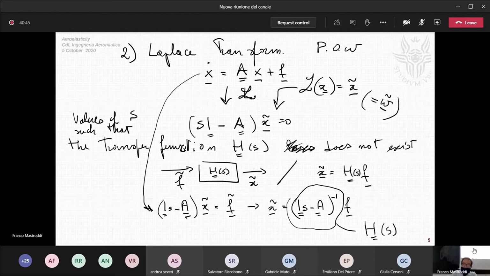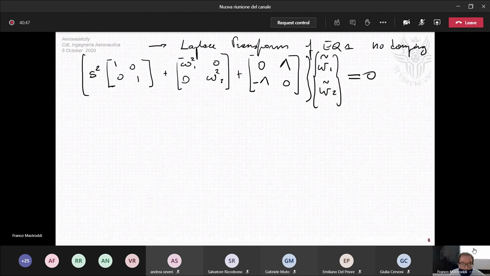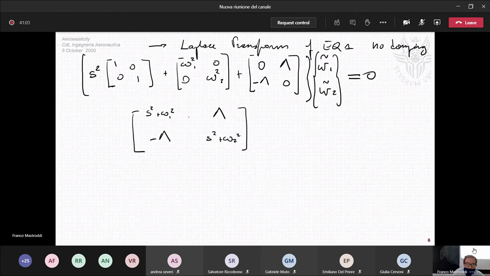Now, if you take the determinant, you have essentially something like this. Look at this. You have S square plus omega 1 square. You have a lambda here. You have a minus lambda here. You have an S square plus omega 2 square. It's a very, very pretty 2 by 2 system, applied to your W1 and W2, equal to 0.